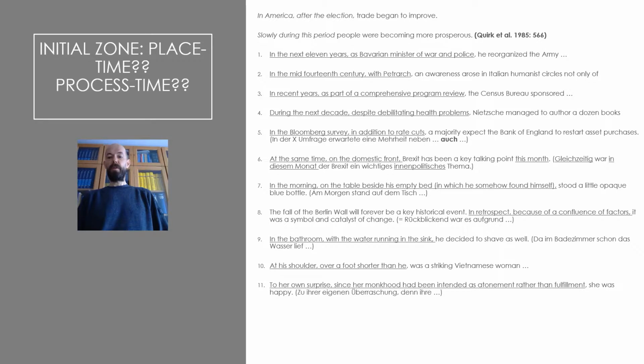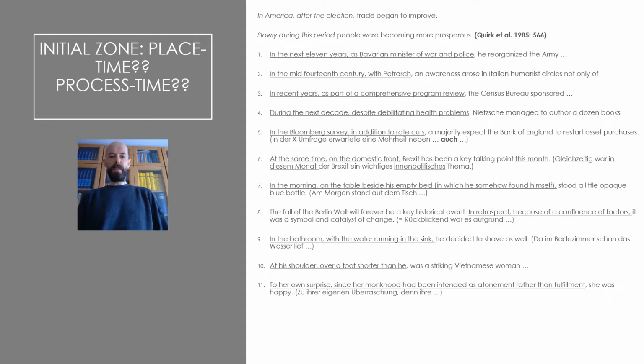I don't know what time period we're talking about here and what the German term actually is, but we'd have to place Bavarian Minister of War and Police after the verb phrase. So in den nächsten 11 Jahren restrukturierte er als, even after the subject. So if you encounter a German sentence like that, remember that you can put both adjuncts in initial position in English.